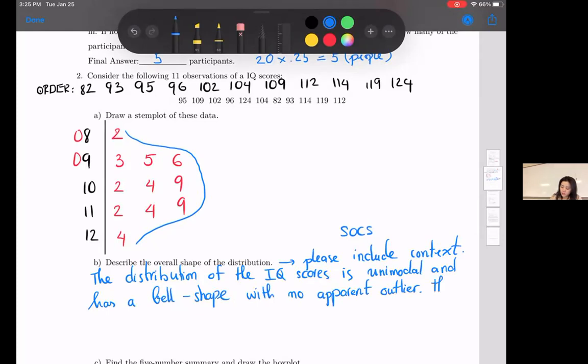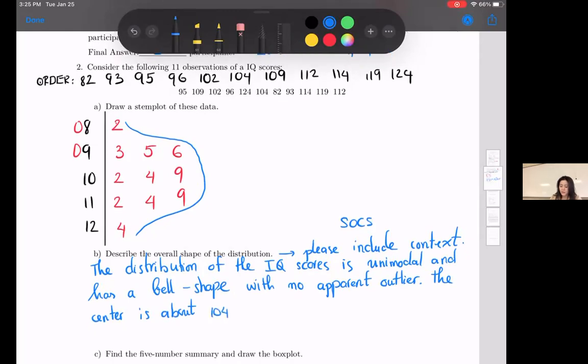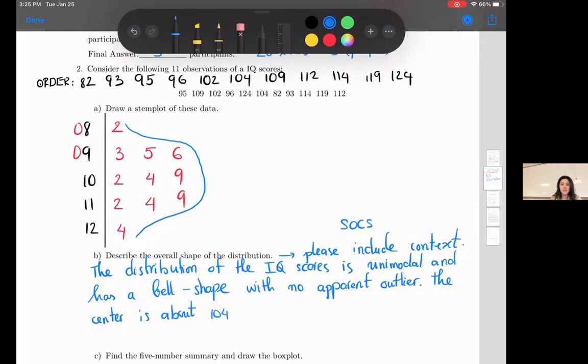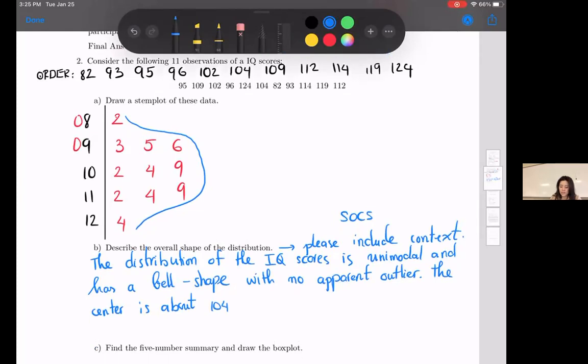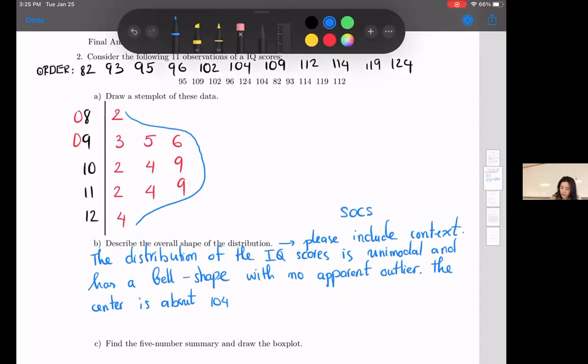Well, the center is about, what do you think? 104. Yeah, you can pick the median for center. It's about 104, right? On the exam, just pick the median for your center. If it's right skewed or left skewed, it's harder to eyeball, but once you rearrange the numbers, you can just pick the median. It's about 104 score, not just 104.